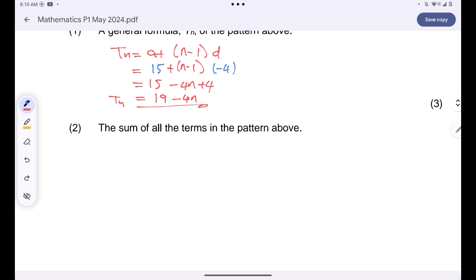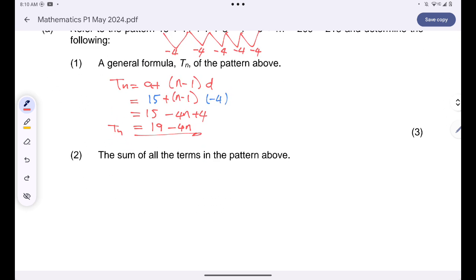Second question, they want us to find the sum of the above number pattern. There are two equations we can use. We can use this one that says Sn is equal to n over 2 times (2a plus (n minus 1)d), or we can simply say Sn is equal to n over 2 times (a plus the last term). We can use this one because we have the last term, right?